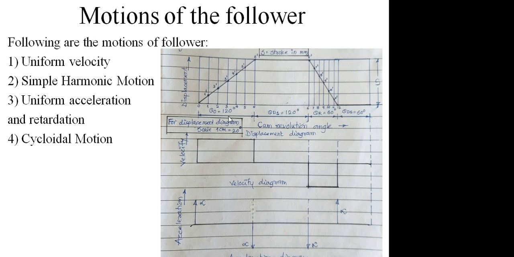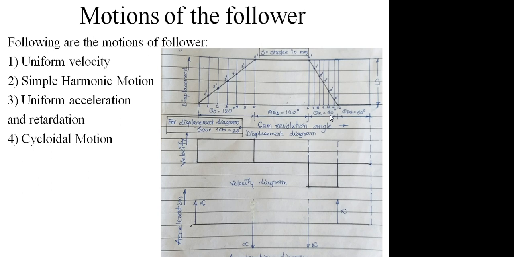So draw theta O on the x-axis for 6 centimeters. Then theta D1, here it is shown for the next 120-degree rotation. So again 120 divided by 20 is 6 centimeters. Draw a dwell period for the next 6 centimeters. There is a return stroke for the next 60-degree rotation of cam.